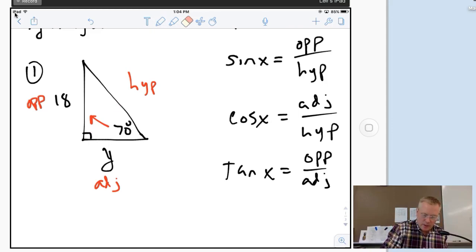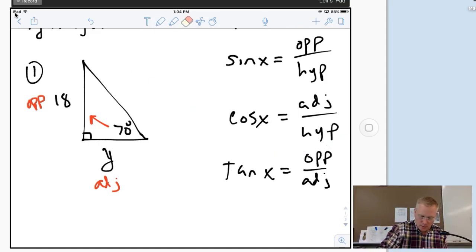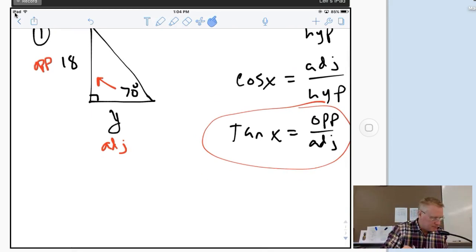So anyway, I don't need the hypotenuse, I need the other two, which means the only one that has the opposite and the adjacent in it is not that one, is this one, the tangent. So I'm going to be using the tangent, and the angle always goes next to the x, whether it's sine or cosine or tangent.